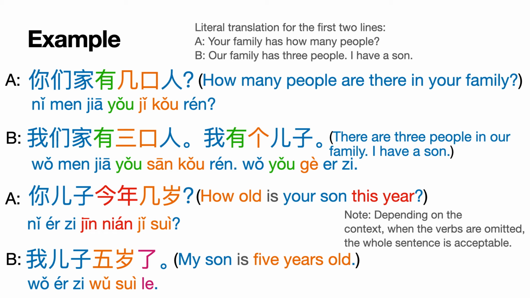Its literal translation is "your family has how many people?" 我们家有3口人。我们家 our family, 有 have, 3口 3 people. There are 3 people in our family. 我有个儿子。I have a son. 我 I, 有 have, 个 indicates the number of persons, 儿子 son.